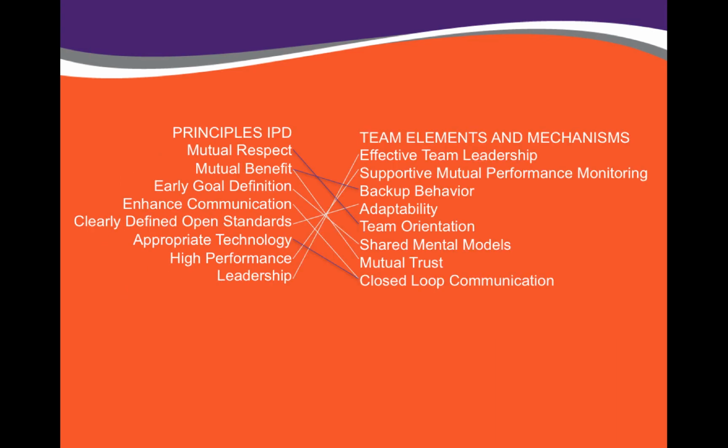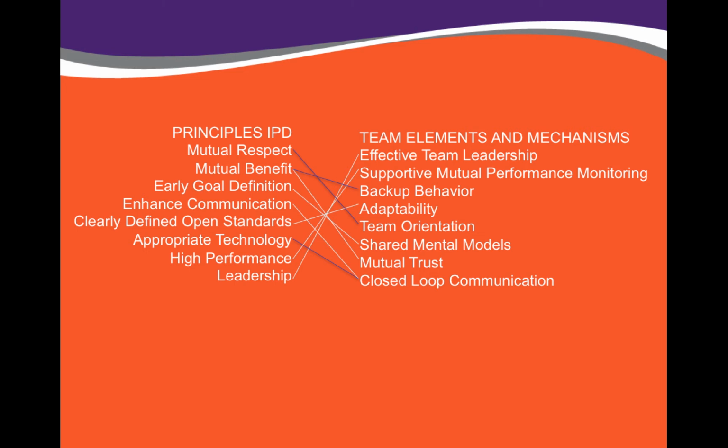When you start to compare the principles of IPD and the team elements and mechanisms, you start to see that they're exactly the same. Here the white lines show the principles and the elements or mechanisms that are exactly the same. The definitions are exactly equal. The blue lines show ones that are tangentially related.